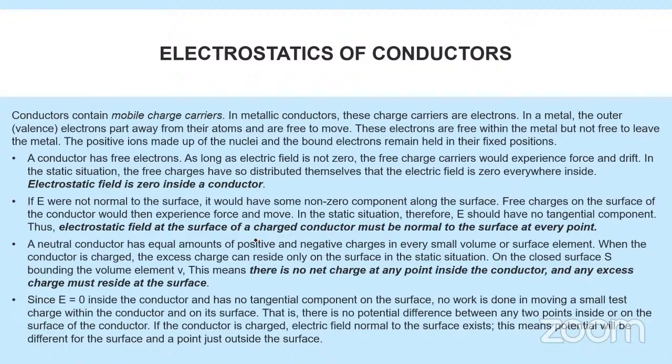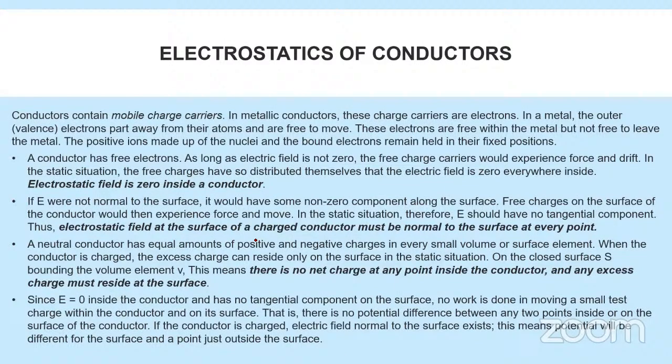Now there are a few important properties when we are considering conductors, with respect to electric field, electric potential, or the charge density or charge configuration associated with the conductors. So first, as we know, a conductor will have free electrons. As long as the electric field is not zero, the free charge carriers would experience force and drift.